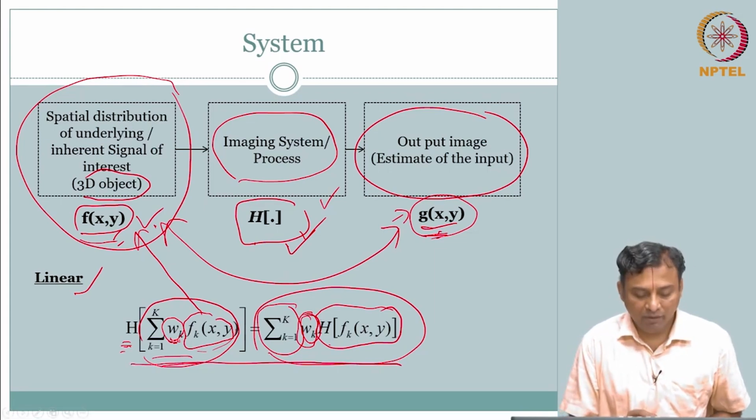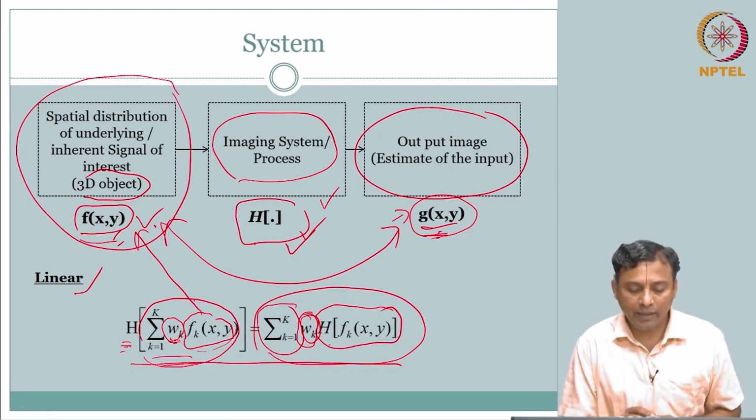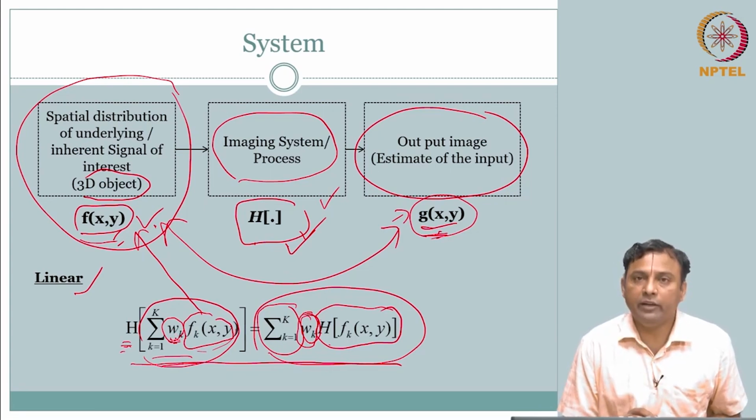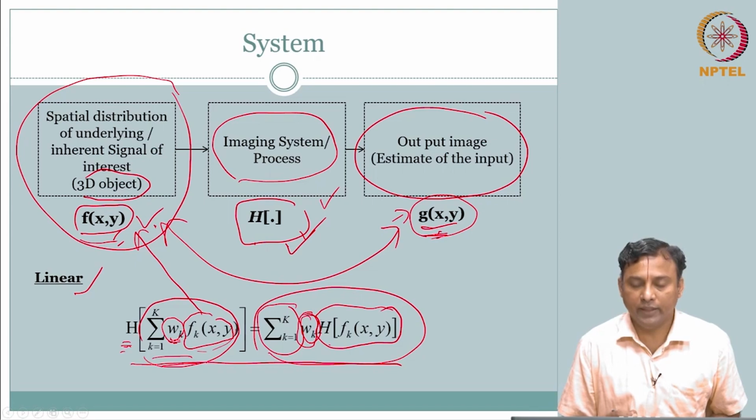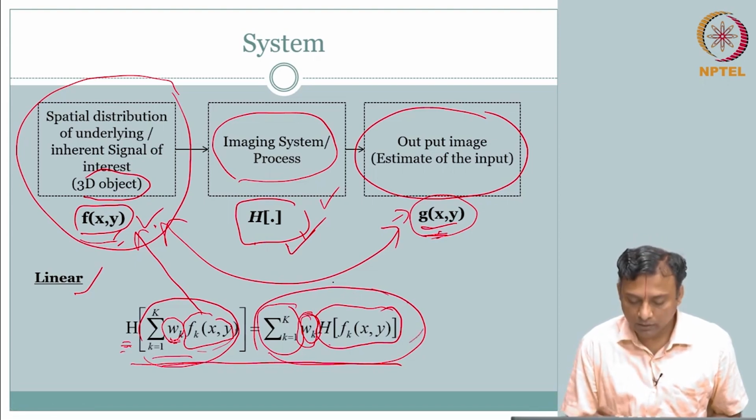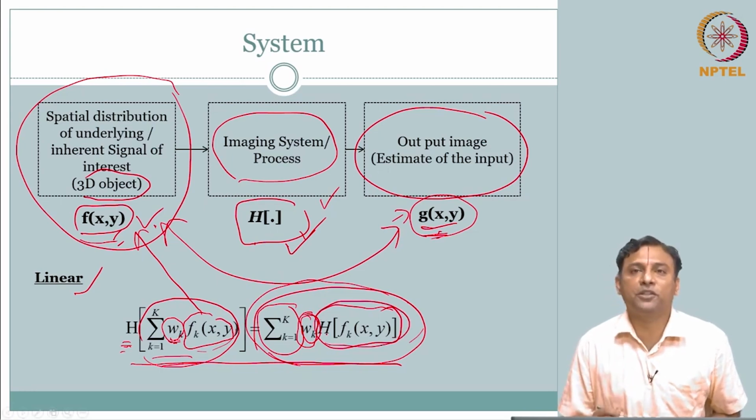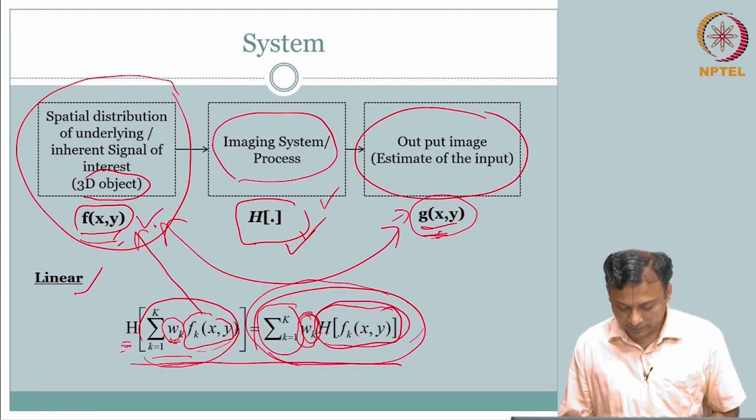This means if I present to the system a weighted sum of different functions, the output of the system will be the sum of correspondingly weighted outputs to corresponding inputs. Okay, so make it life simple.